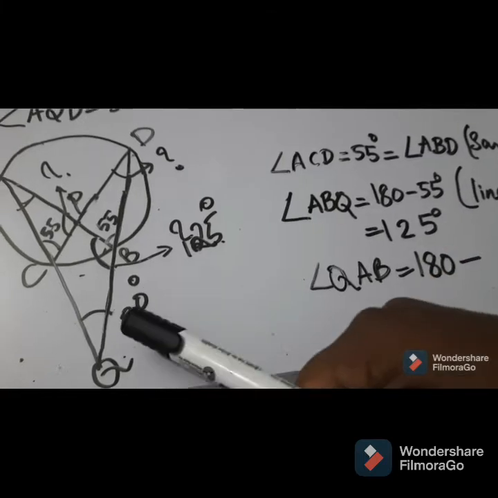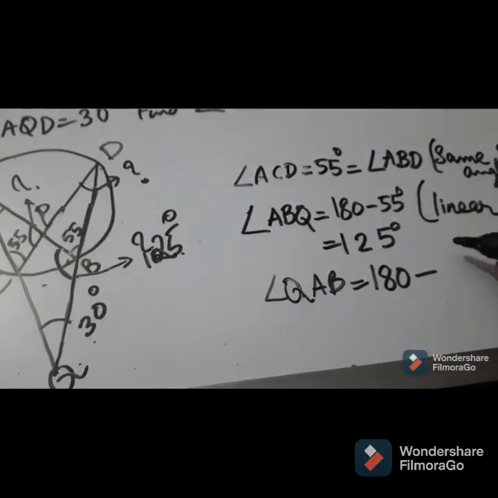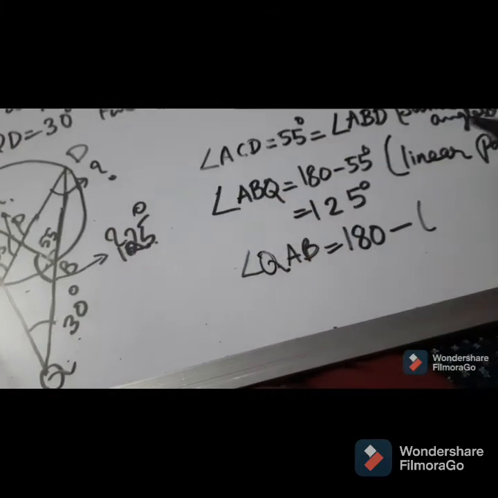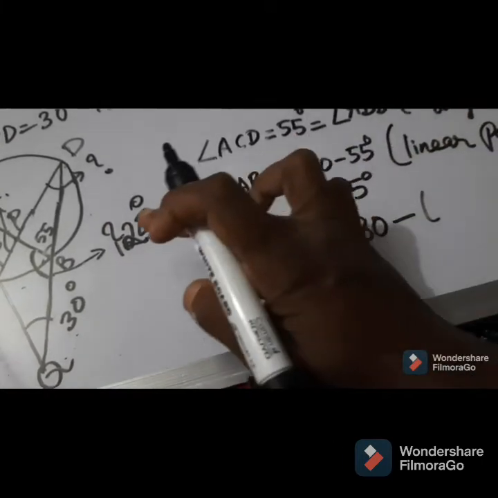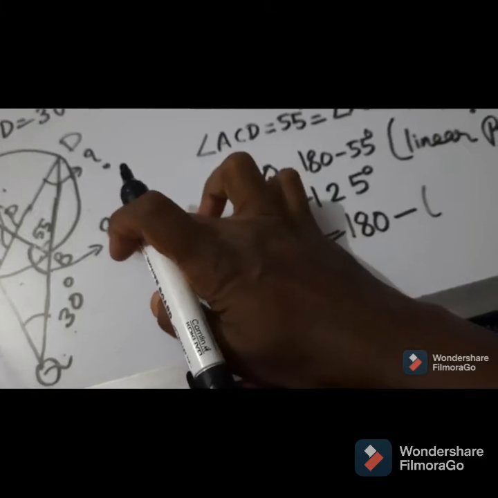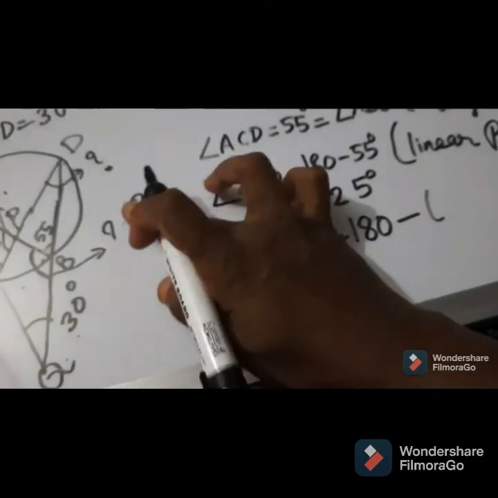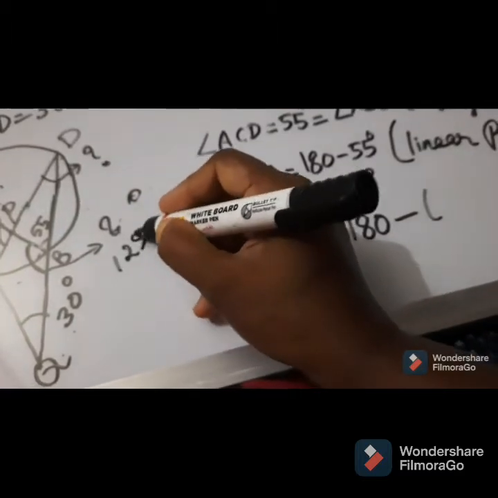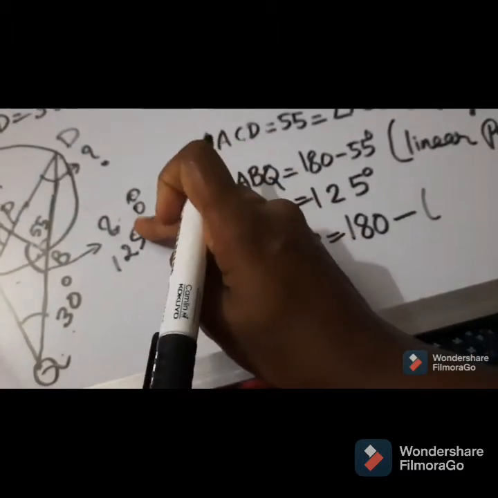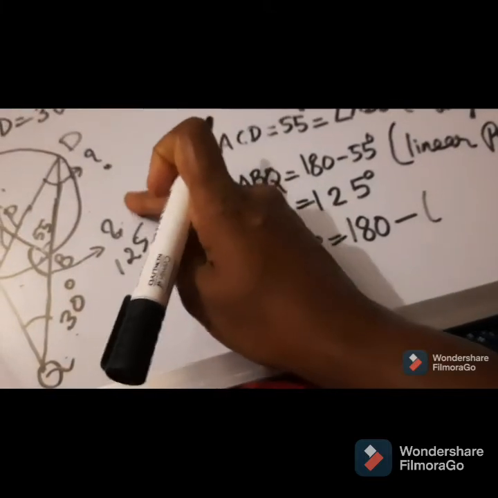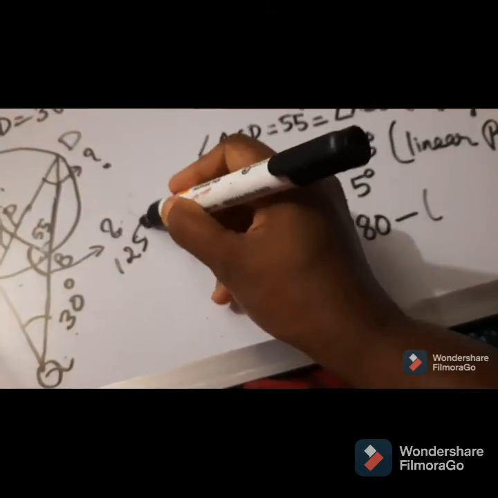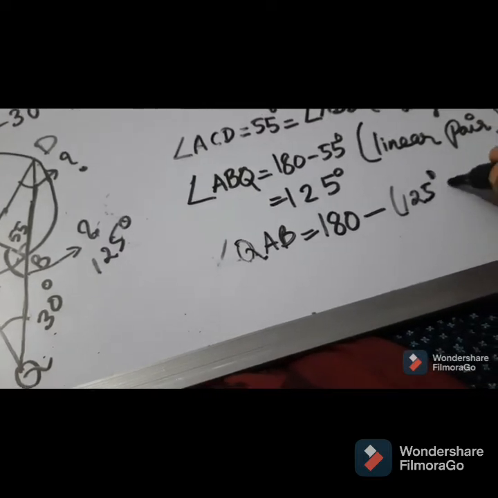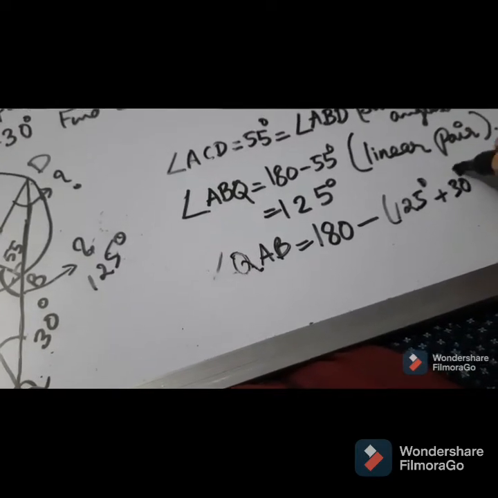Here the angle is 125. So we can write 125 plus 30 degrees.